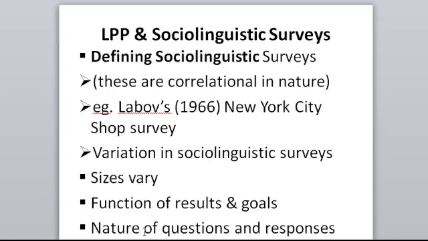Now, because of the constraints imposed by limitations of time and money, when conducting surveys, you have to determine the amount of time that you are going to take. At the same time, you have to determine the cost, that's money.